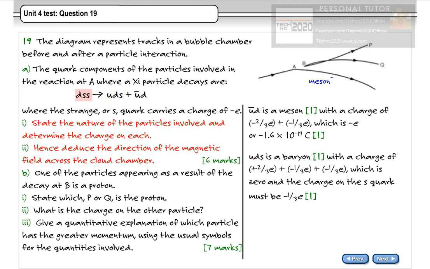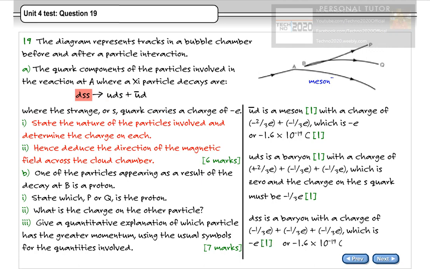We can now deduce that the DSS particle is a baryon with a charge of minus 1/3 e plus minus 1/3 e plus minus 1/3 e, which adds to an overall charge of minus e.